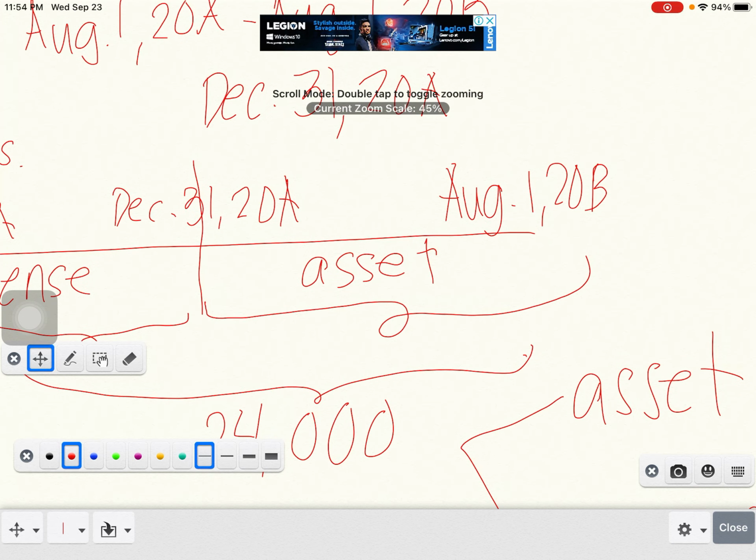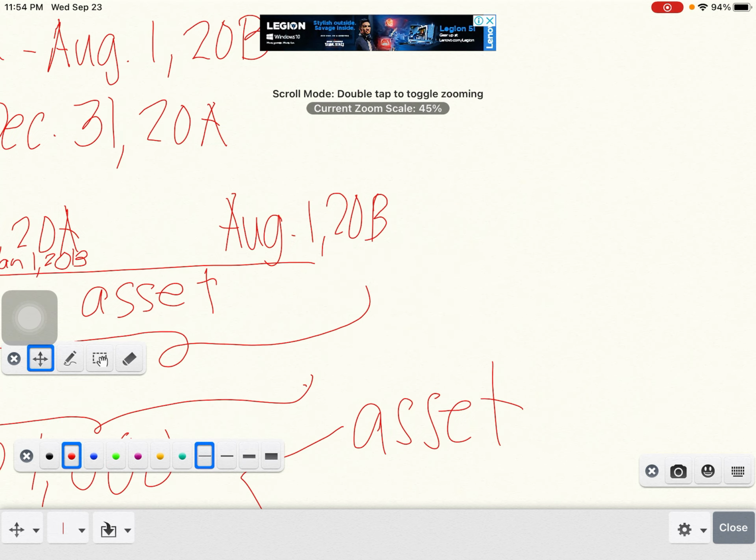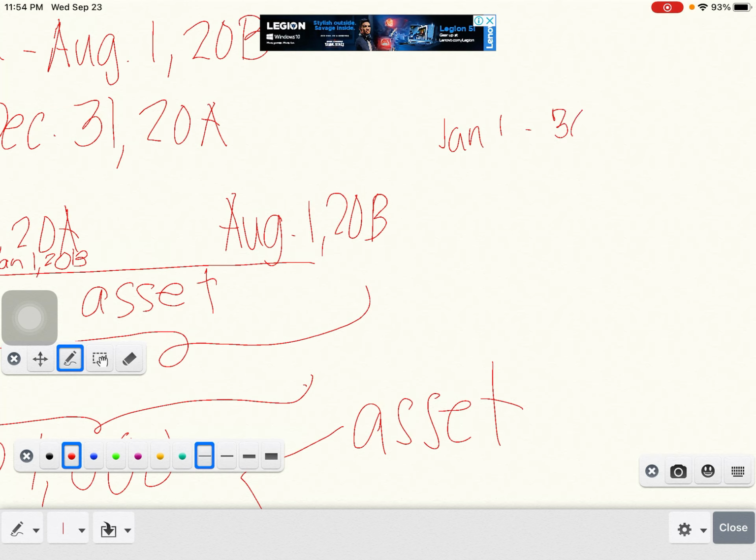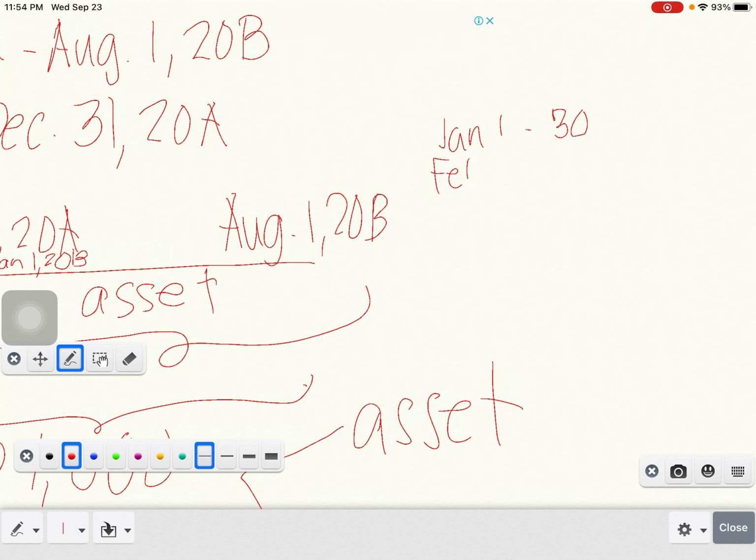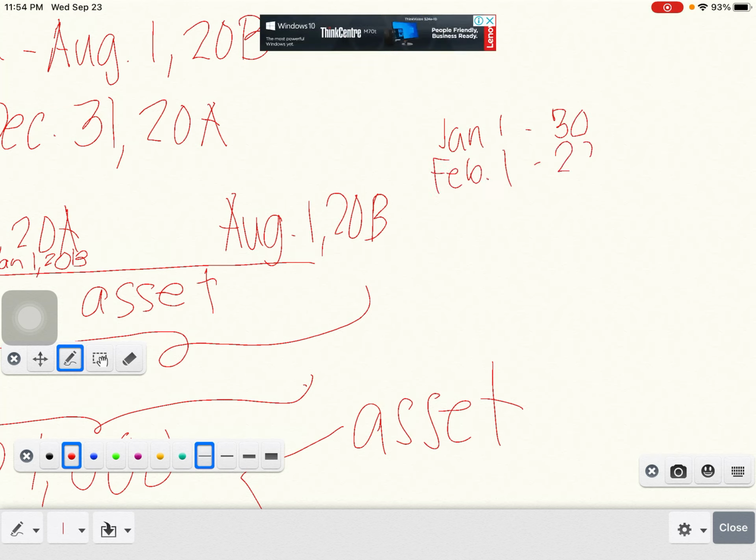While January 1, take note. So December 31 is done, so now January 1, 20B. The whole month of January, 1 to 31. Feb 1 to 28. March 1 to March 31.